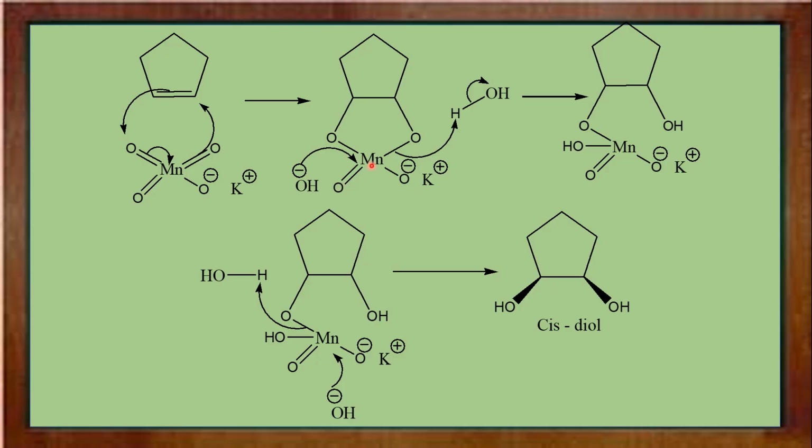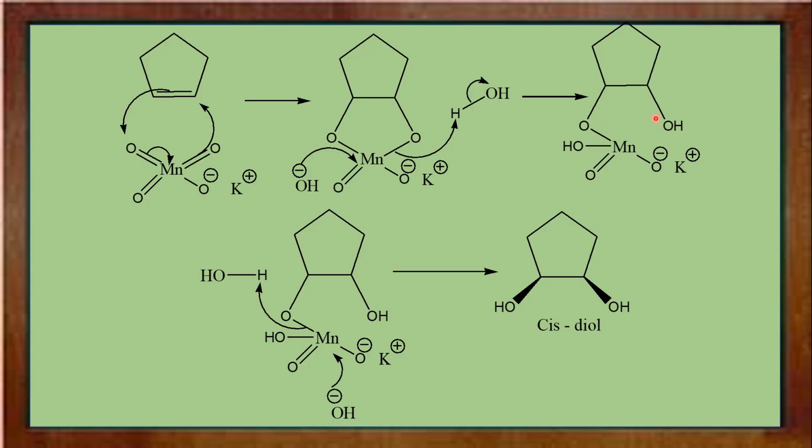Therefore the manganese is an electron deficient center, and it is readily attacked by an anion, hydroxide. So when a new bond is made here, this manganese oxygen bond breaks to generate O minus, and it takes up a proton from a water molecule and becomes OH here.